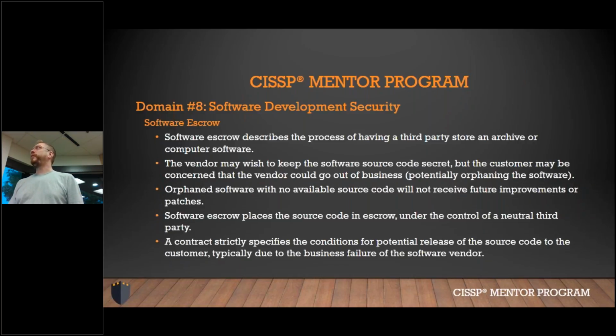So software escrow places the source code with an independent, neutral third party, and then you'll have a contract that strictly specifies the conditions for potential release, typically business failure of the software vendor. So just understand what software escrow is. A neutral third party controls it with a contract that strictly specifies conditions for release.